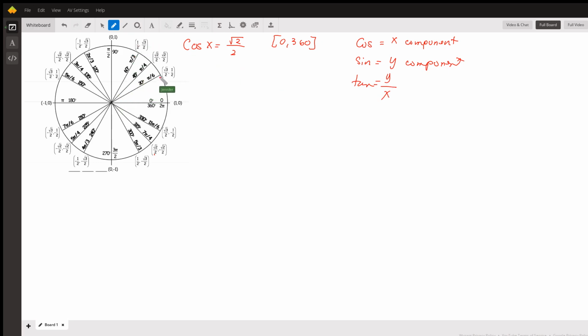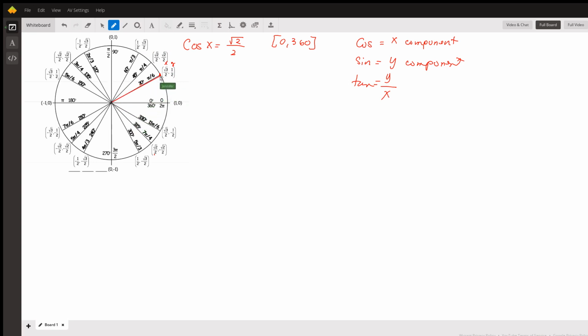Now let's look, for example, at this 30 degrees right here, and the coordinates right here are square root of 3 over 2 comma 1/2. That means this is the x, that's the y. It's called a unit circle because the radius is equal to 1.